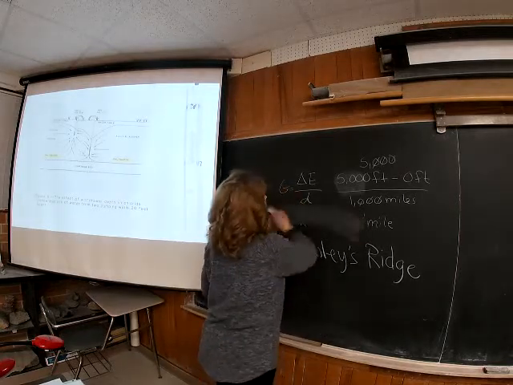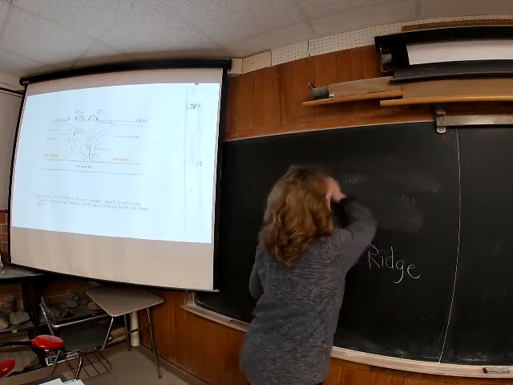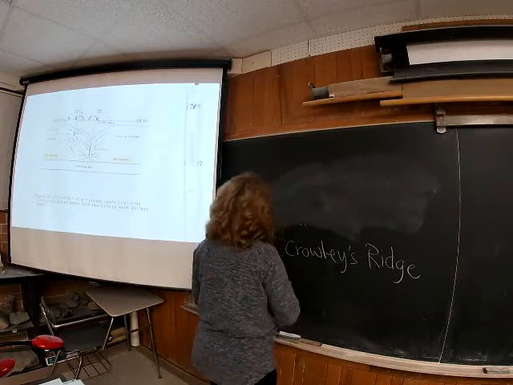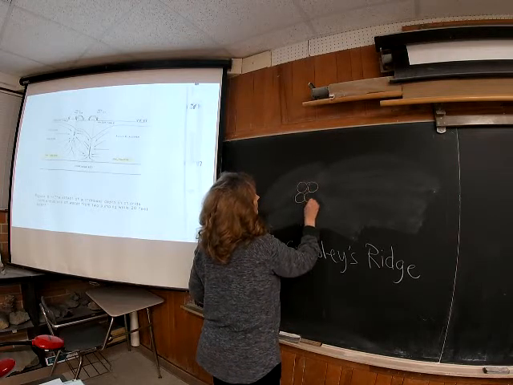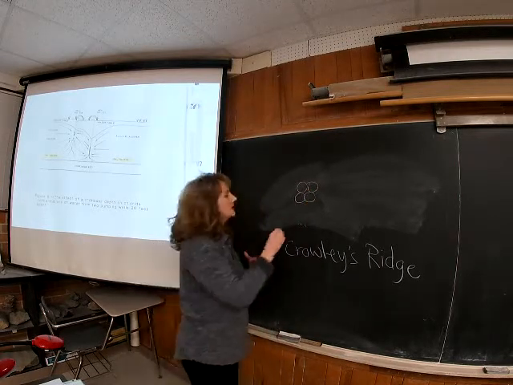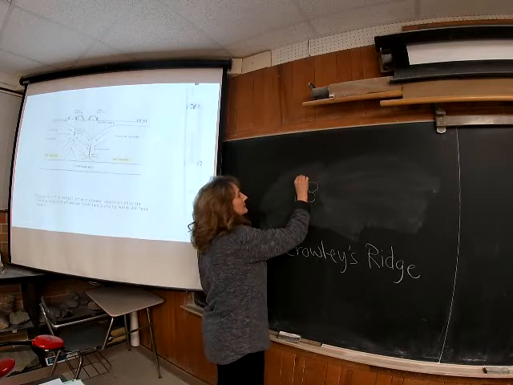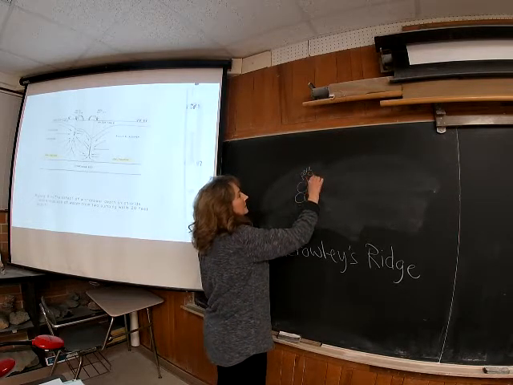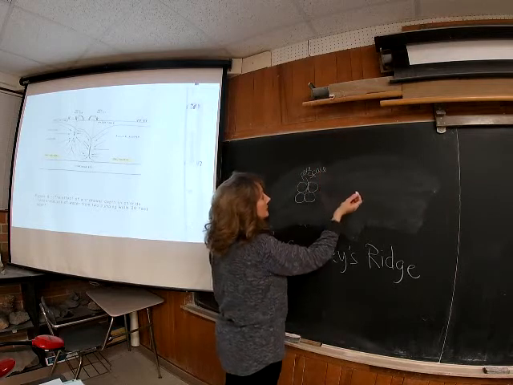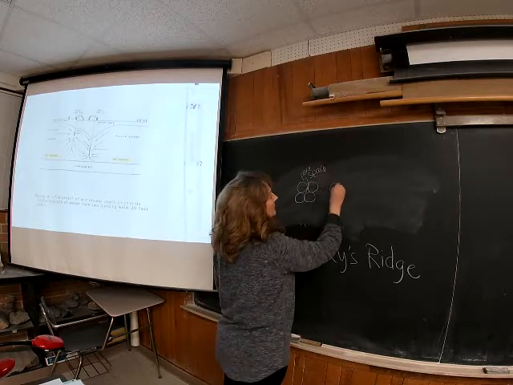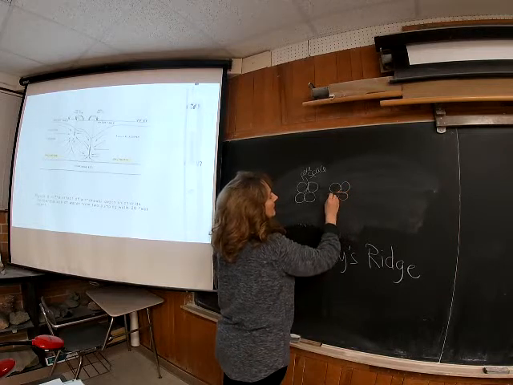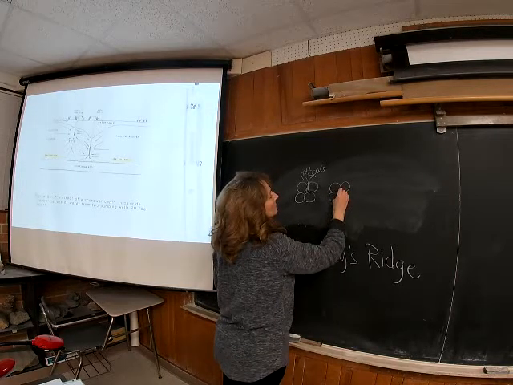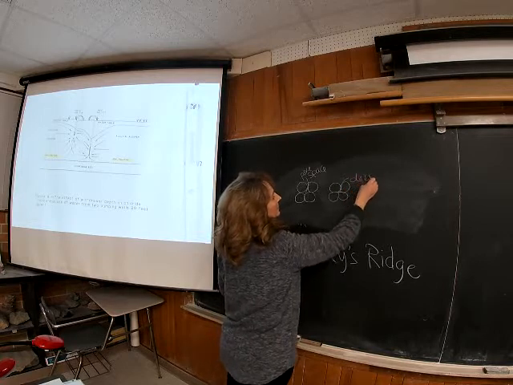Let me draw something here. You reduce your pore space when you do that. So say here we've got all of our little sediments, nice, like that. You've got your pore space here. Well, when you draw down like that, you actually create some compression, right, to where you decrease pore space.